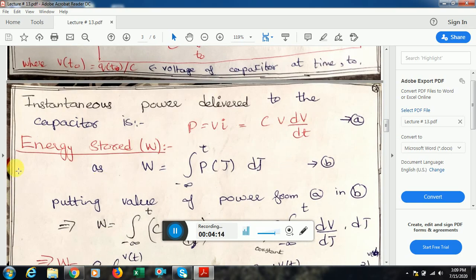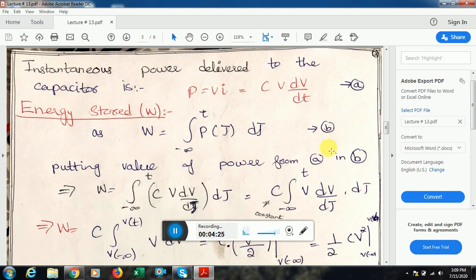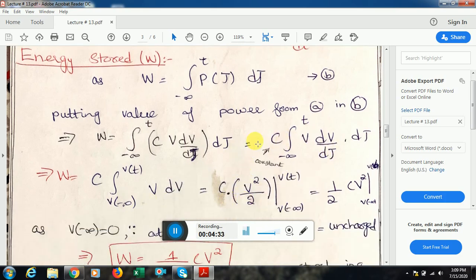If I have to find the total energy stored in this capacitor, then an integration of the power will yield the total energy stored in the capacitor. Putting the value of power from A into B, what I get is the integral from minus infinity to infinity of C V dV by dt. The constant comes out of the integral, and as we have the derivative here, whenever in integration you have the derivative of a variable, the power increases by 1 and is divided by the new power value.